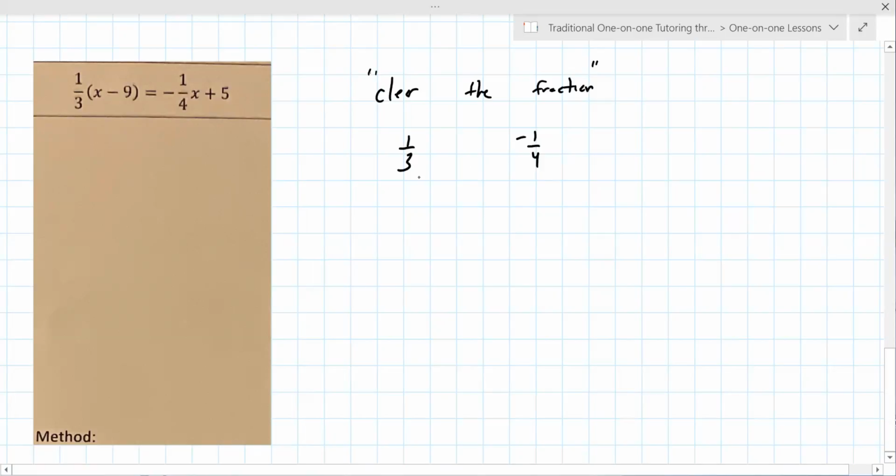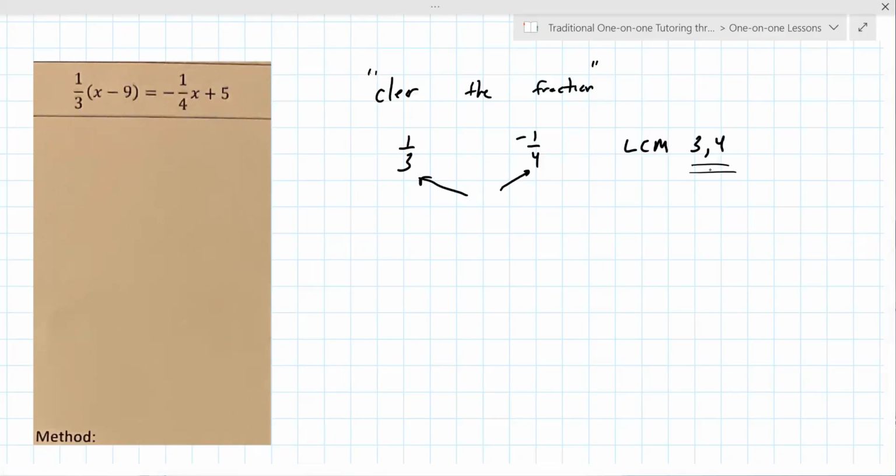And when you look at 3 and 4, what is the least common multiple between 3 and 4?